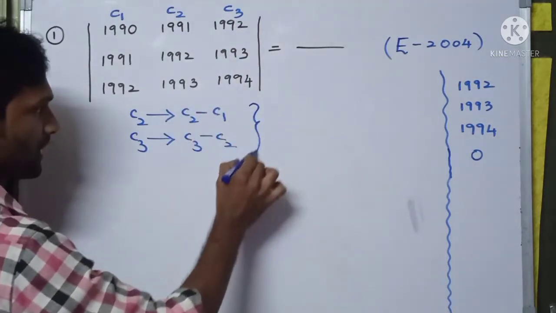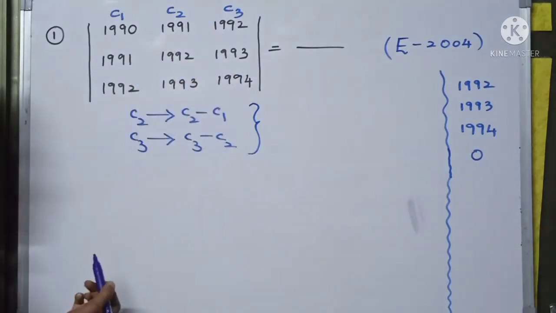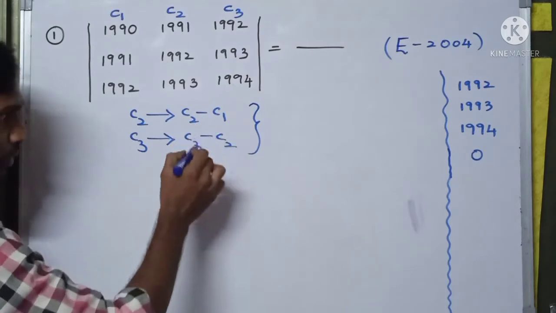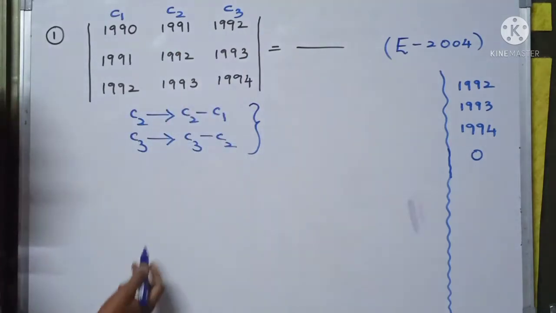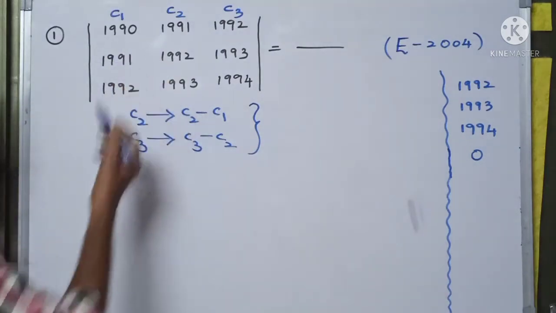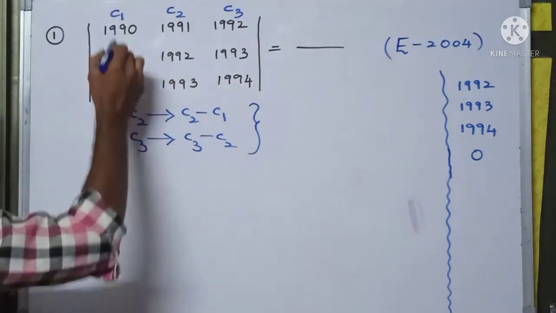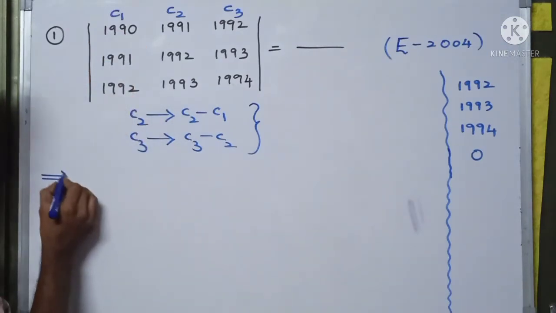Now apply these two transformations to change the second and the third columns in the given determinant. But before applying them, first of all write the elements of first column as the same.